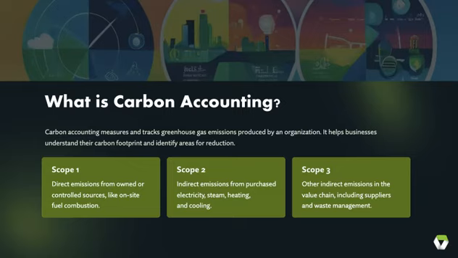So there are three types of carbon emissions. They are categorized as Scope 1, 2, and 3. Scope 1 are direct emissions from sources that your company owns and controls. This includes on-site fuel combustion, emissions from company vehicles, process emissions, and emissions like refrigerants.